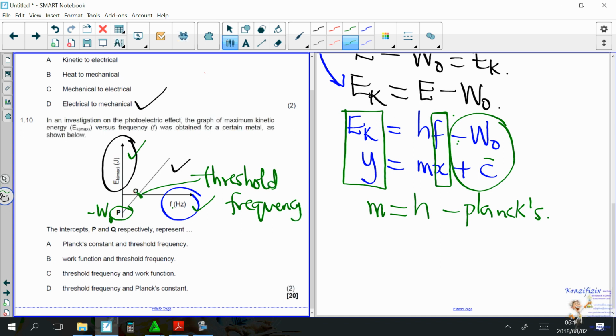Let's go check our options. Although we know, we're learning here, h equals Planck's constant. So let's see what the question wants. The intercept P: work function. Q: threshold frequency. P, work function. Q, threshold frequency. We're correct.